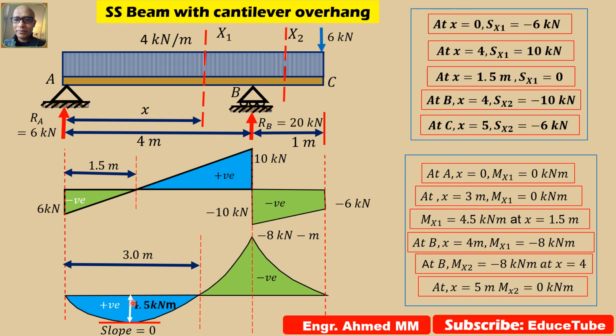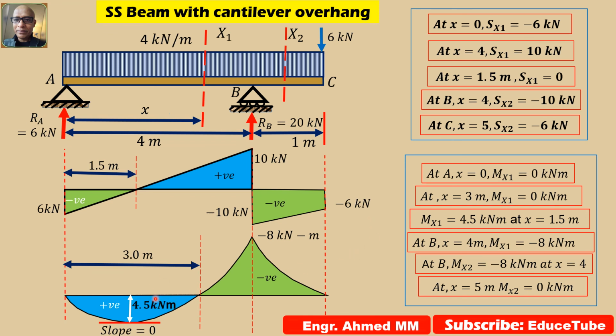If we use W L square by 8, exactly the same moment we get here, because the slope here is equal to 0. W means 4 into 1.5, I mean this is 3. So 4 into 3 square, 4 into 9 divided by 8, you will get this value. But we got this value using the equation in previous slides.